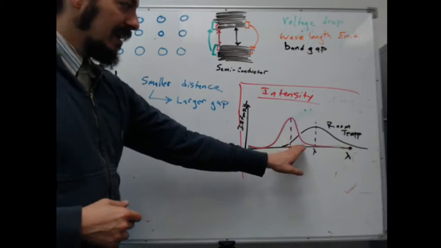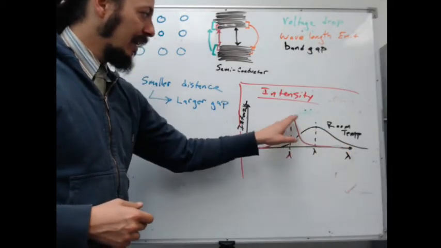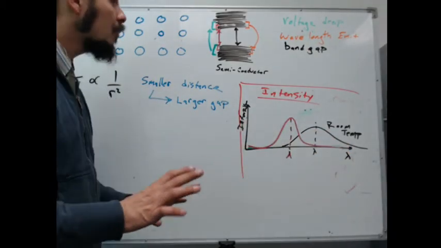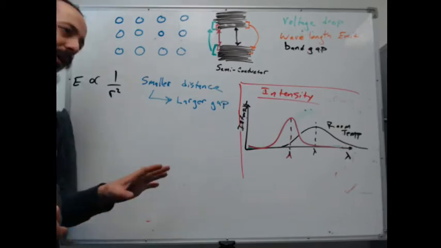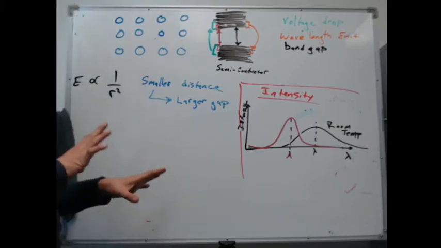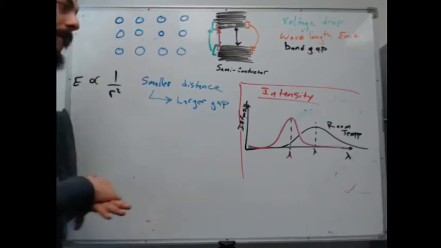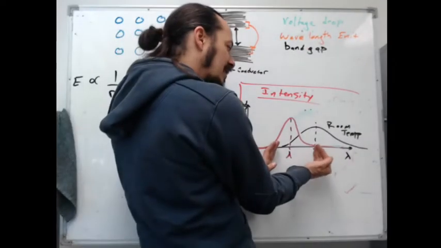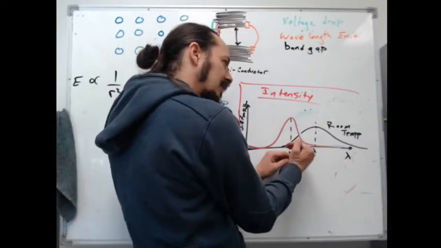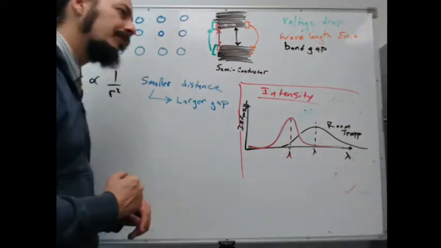If I integrated all the area under this curve and all the area under this curve, they're going to be approximately the same. There's some other phenomena that makes them not exactly the same, but approximately the same. But the range of wavelengths gets tighter, which gives this appearance of increased intensity.